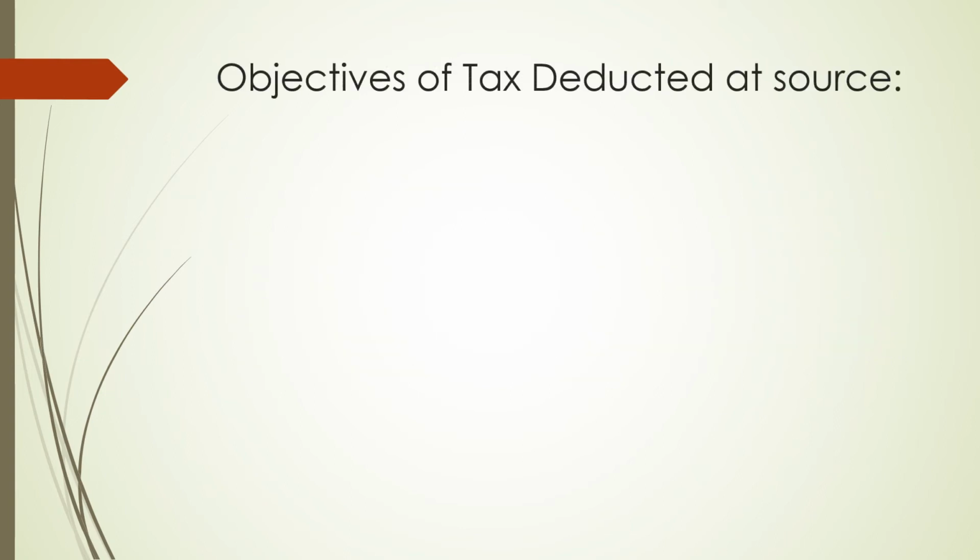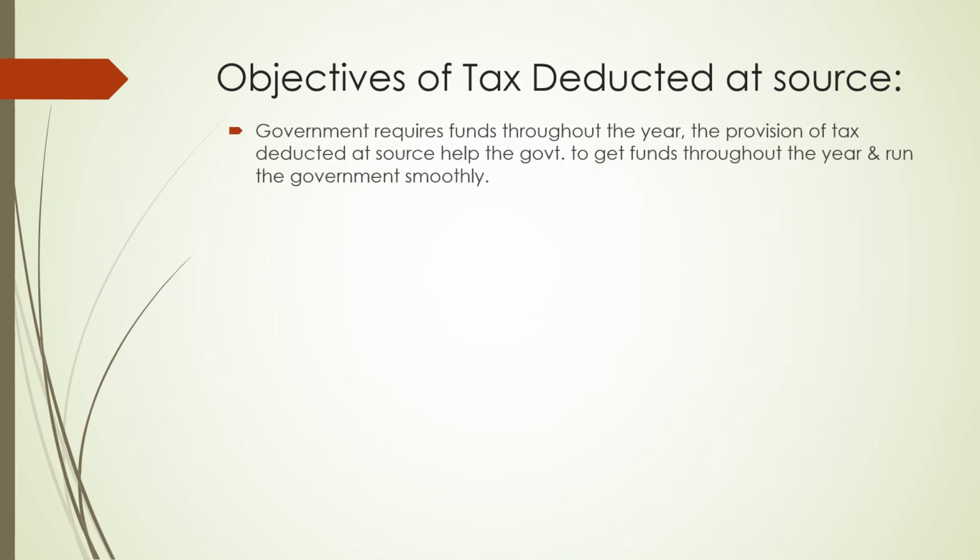Now we'll see the objectives of tax deducted at source. First one is that the government requires funds throughout the year. So if it collects tax deducted at source, then it will get funds throughout the year.